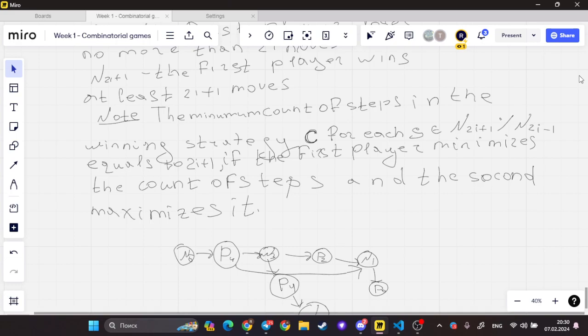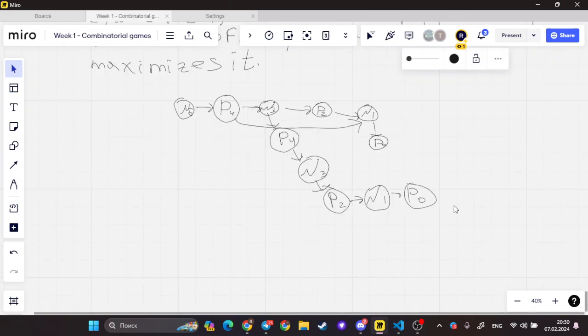It's logical that the first player minimizes the count of steps and the second player maximizes it. And here's an example of why this is true, to clearly understand what happens.